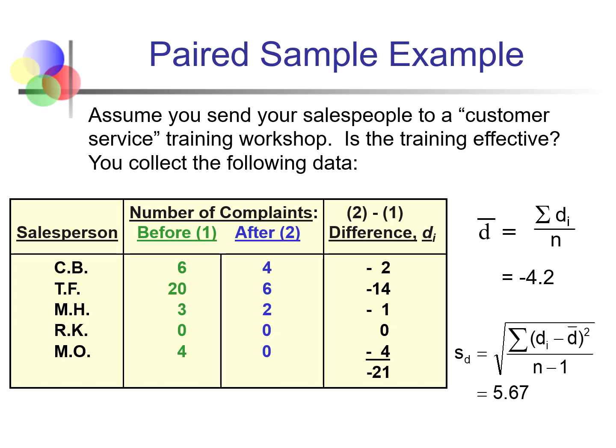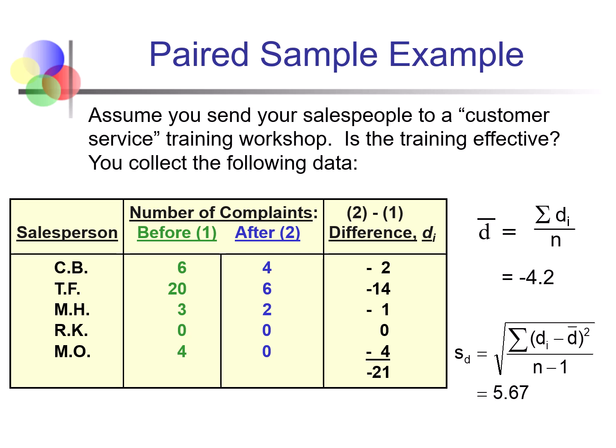The number of complaints are recorded before and after the training. Before the training, CB got 6 complaints, while TF got 20, MH has 3, RK has no complaints, and ML has 4 complaints.